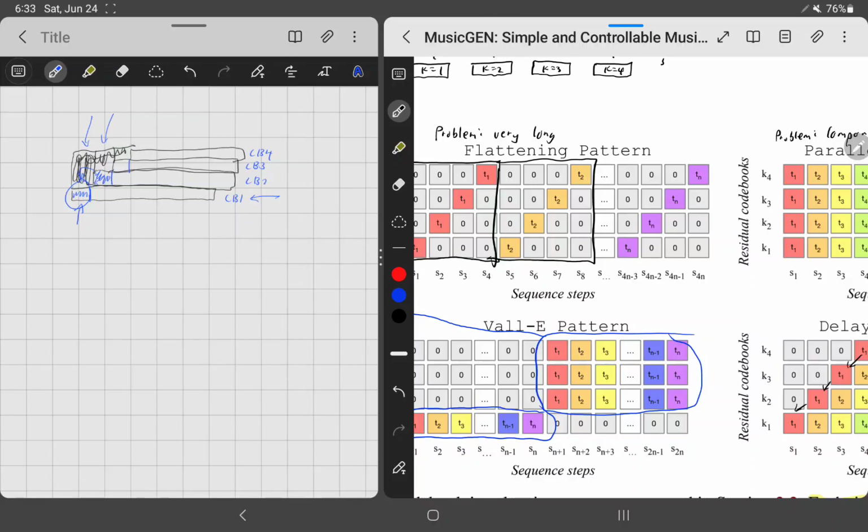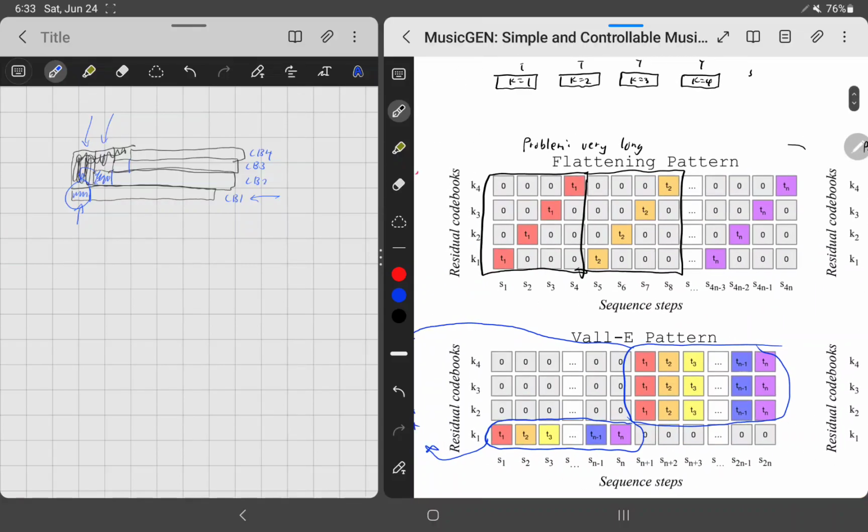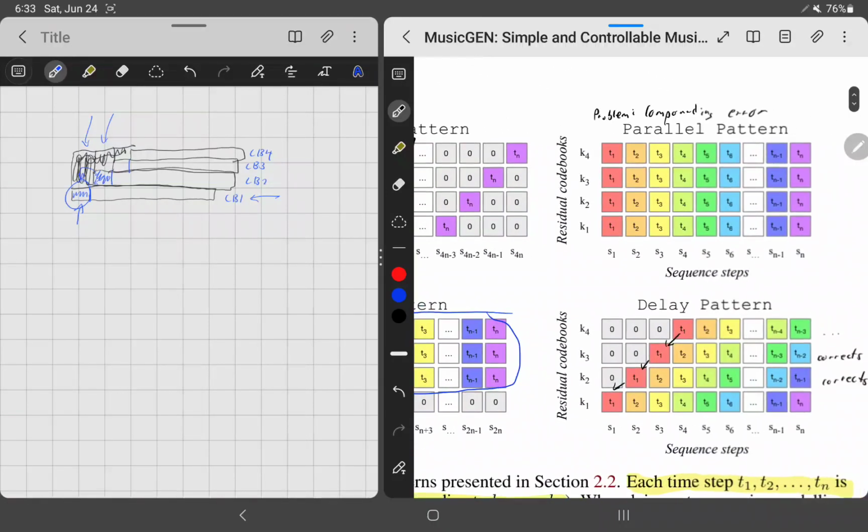But it's very long. The problem is this is very, very long, and since we're dealing with audio, we already have a hard enough time. And like I said, for the parallel pattern, these tokens are discrete. They're modeling a discrete output.